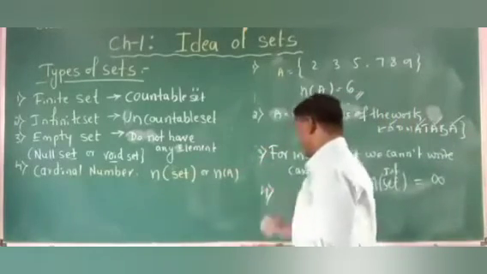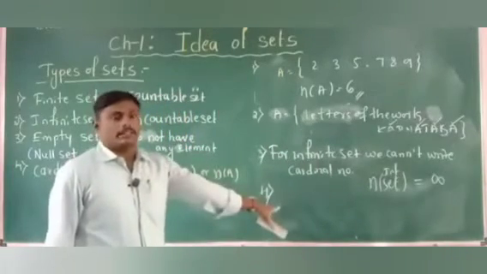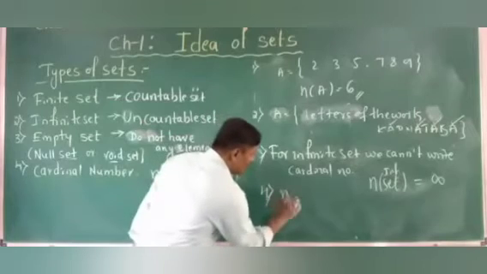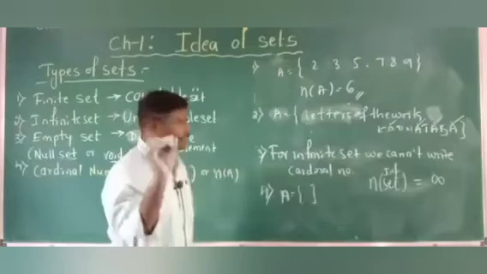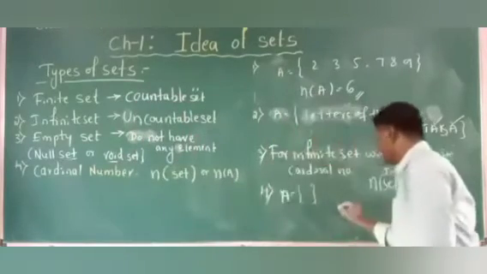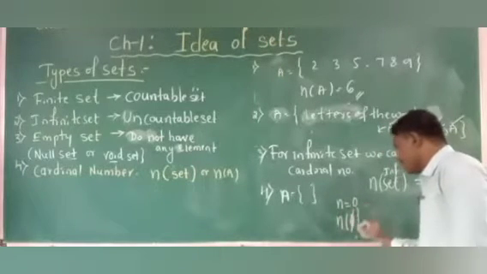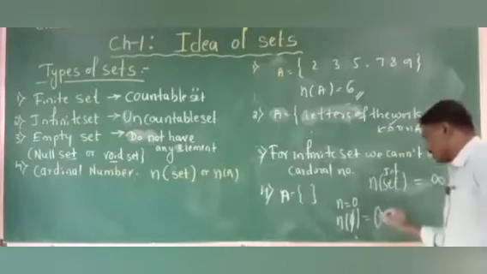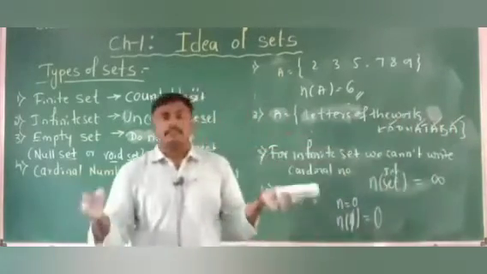Now the fourth one: every empty set. If set A is an empty set, meaning an empty set or null set or void set, the cardinal number is always 0. That means for every empty set, the cardinal number is 0, because the empty set does not have any elements, right?